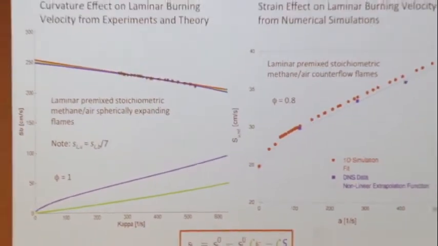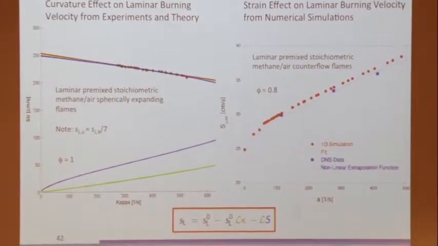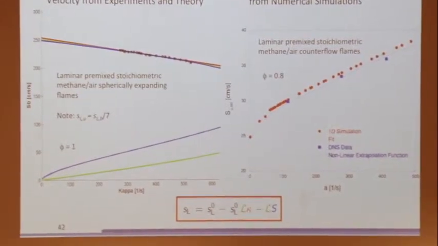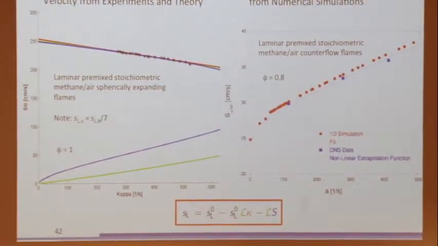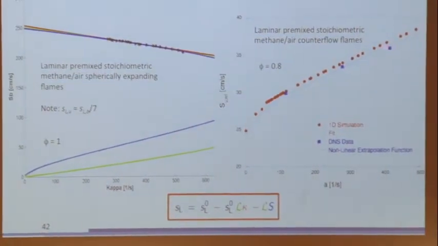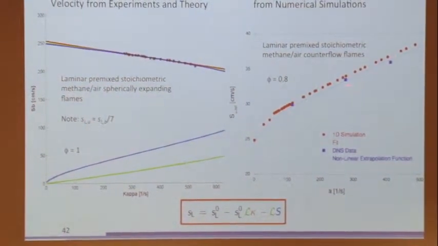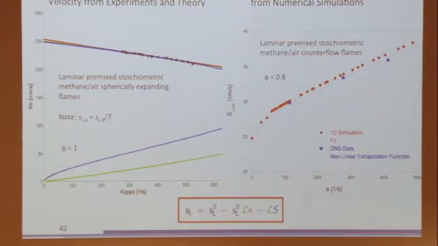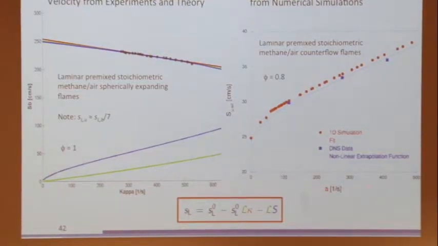This here is a different experiment. This is a counterflow burner where you have a premixed stream from the top and a premixed stream from the bottom, and then you have two flames. This is from a paper we published with Professor Egolfopoulos from USC. He runs this counterflow burner, and you can change the velocities, and with that you change the strain.